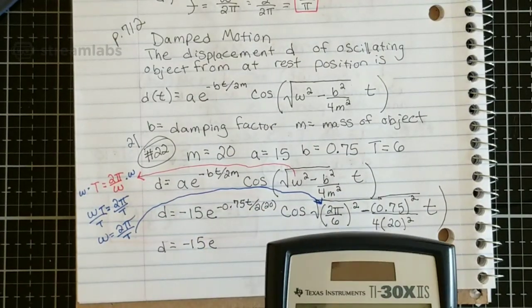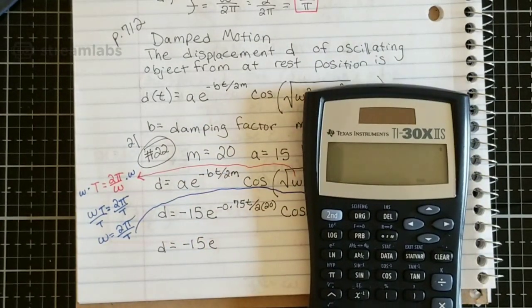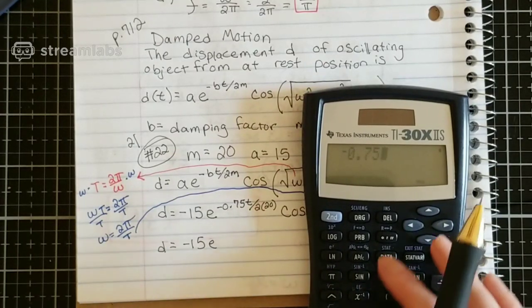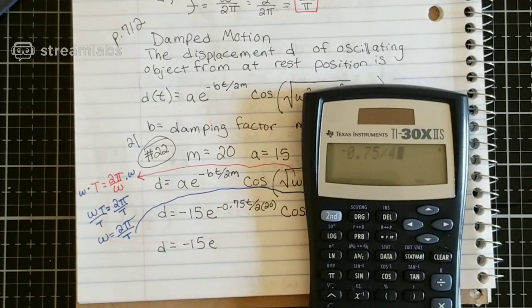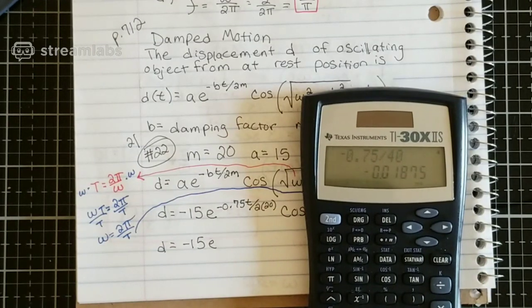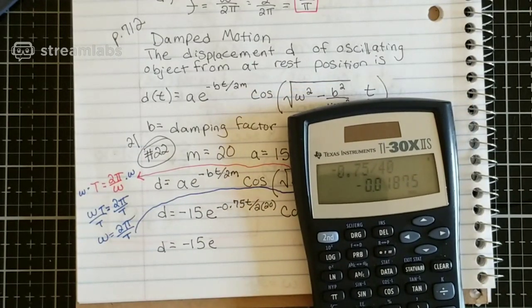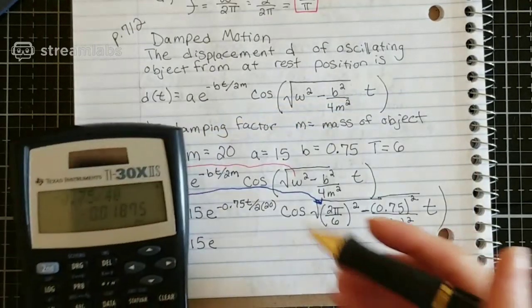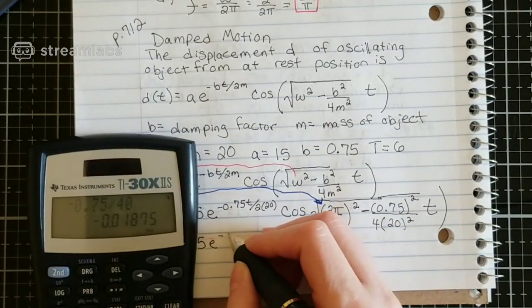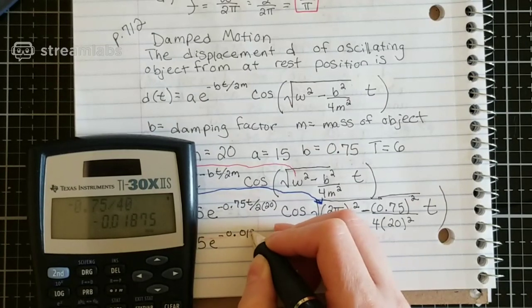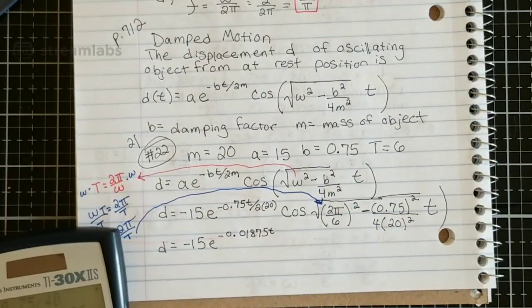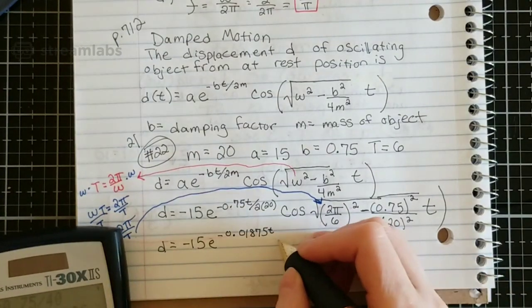So what I want to do is try to reduce negative 0.75. I'm going to divide that by 40. Okay, so I get this decimal instead. So that would be negative 0.01875 t. Okay, cos.